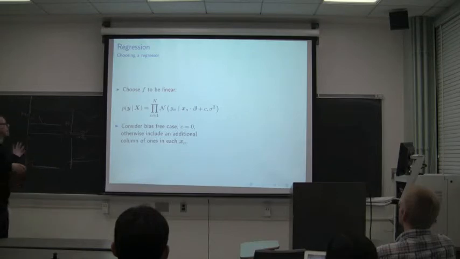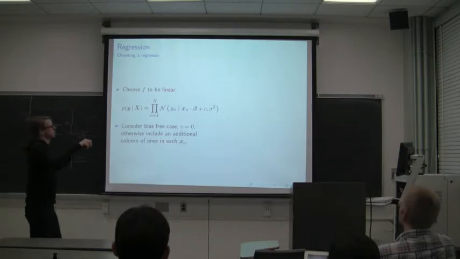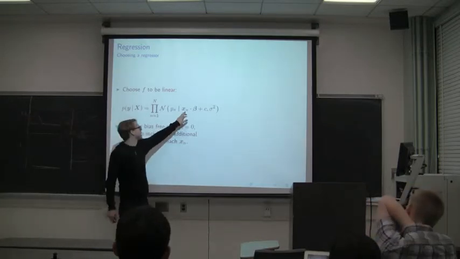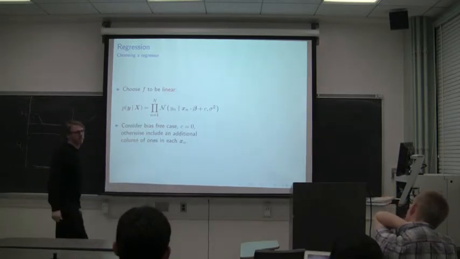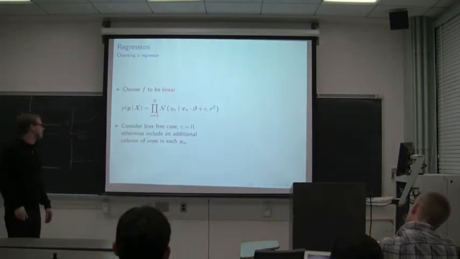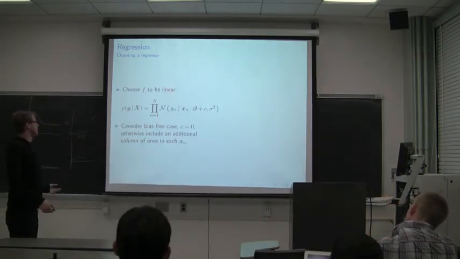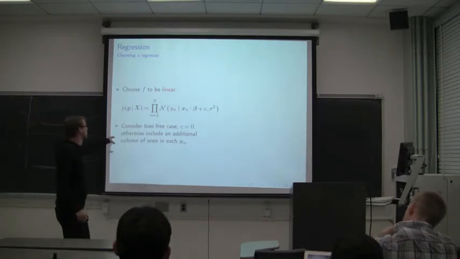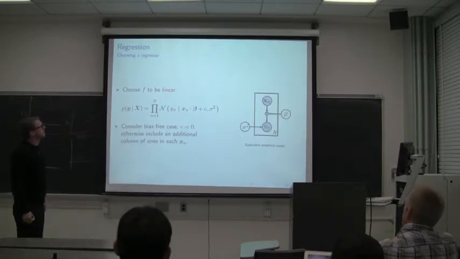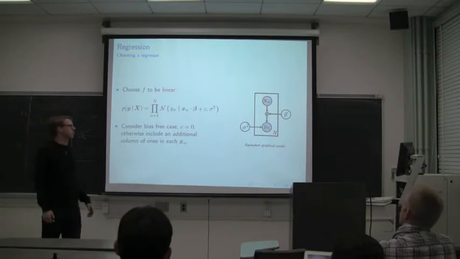Now, in linear regression this function is linear: we have an input variable x, and we multiply it by the parameter vector beta, which again includes the bias. This is the graphical model.